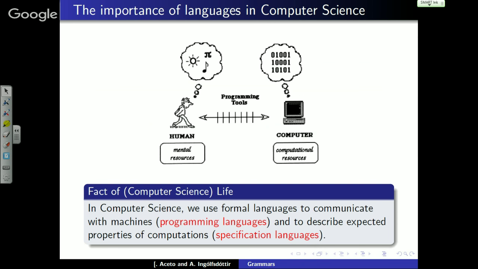Whereas for natural languages like Icelandic, defining precisely such correctness criteria for phrases and sentences is very difficult and perhaps not that useful at all, unless we want to do machine processing of natural language. For computer languages, that's absolutely vital.